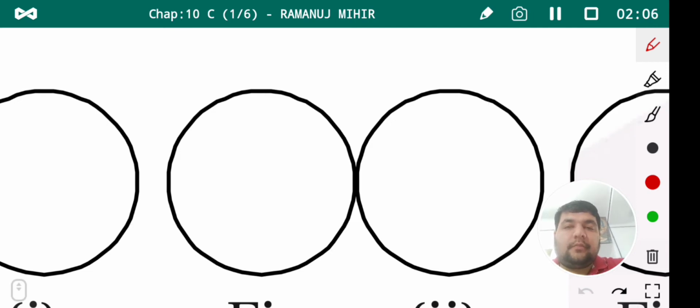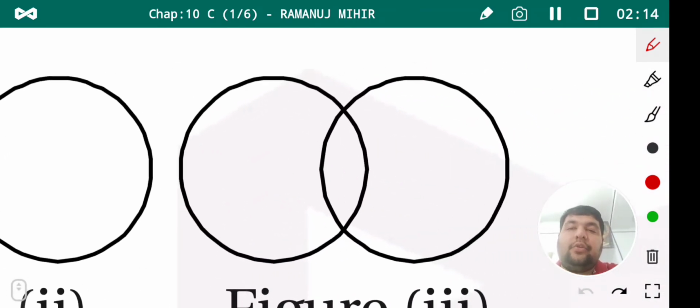So they have one common point. And now you can see in the third figure, if you draw two circles crossing each other, this is the first common point and this is the second common point. So there are three ways to draw these circles.